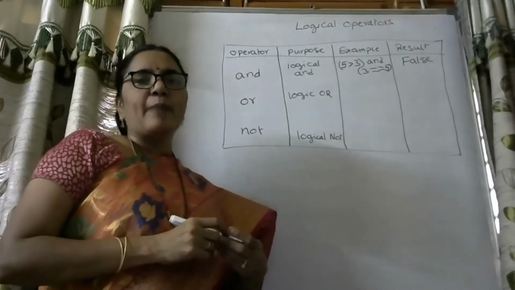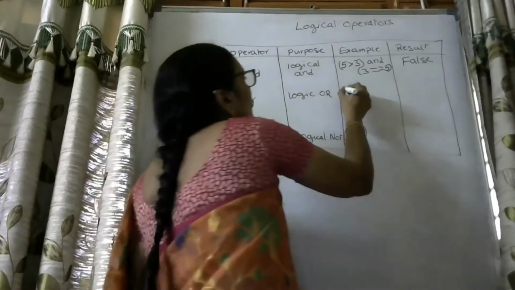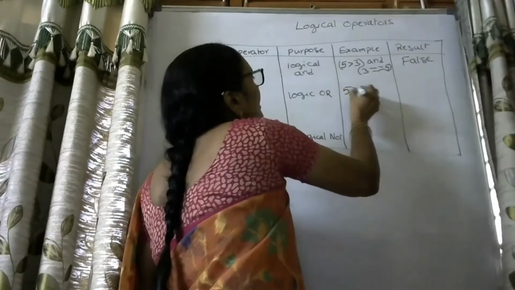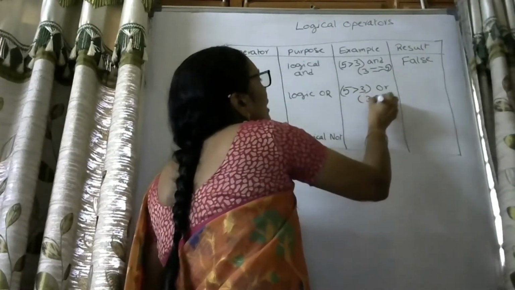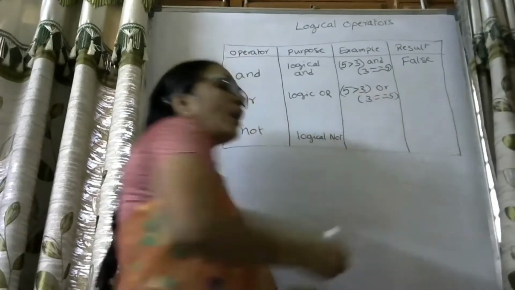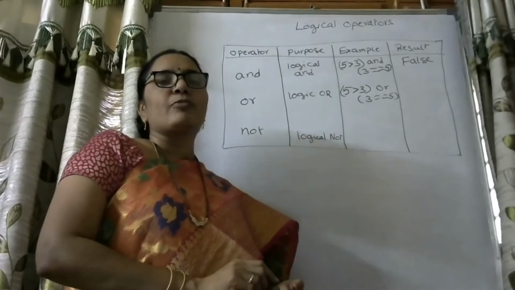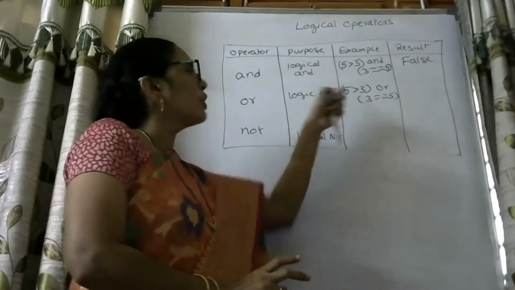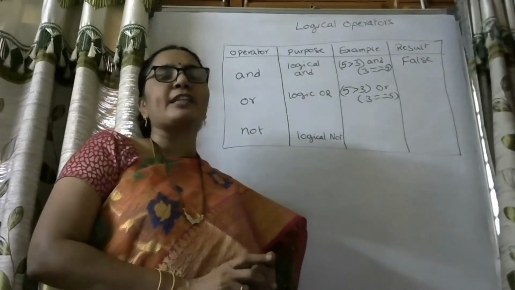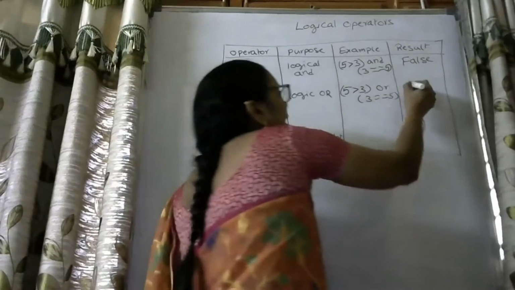Next, let me take the same example for the OR operator also. 5 is greater than 3 or 3 is equal to 5. Here the OR operator gives a true result when any of its operands is true. So here the first operand 5 greater than 3 is true, so the result of that expression is true.